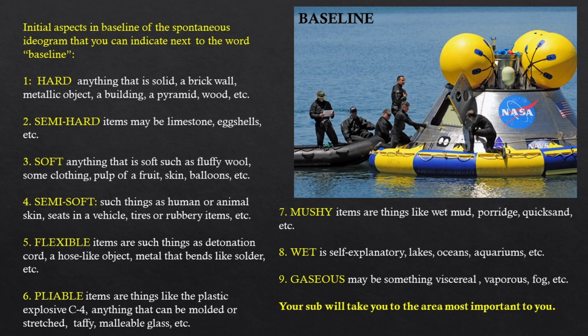So the possibilities available to us at this time in baseline include hard, semi-hard, soft, semi-soft, pliable, flexible, mushy, wet, or gaseous. You might want to build yourself a cheat sheet so you have these options there. The first few times you go through, you can refer to your cheat sheet and know what the options are that you can select from, and one of them will stand out for you as you probe or after you probe, and that's the one that you record and move on.